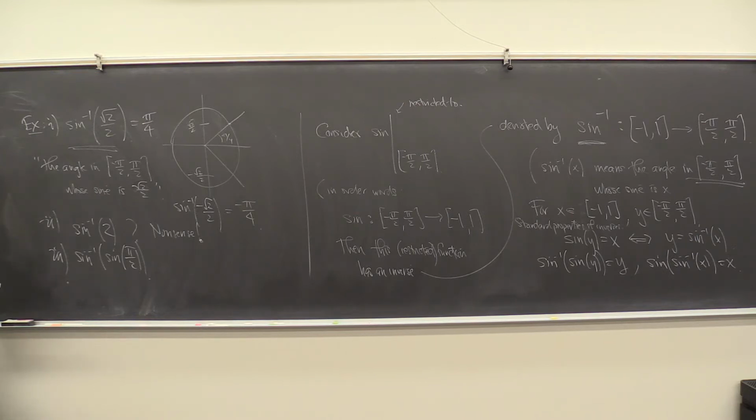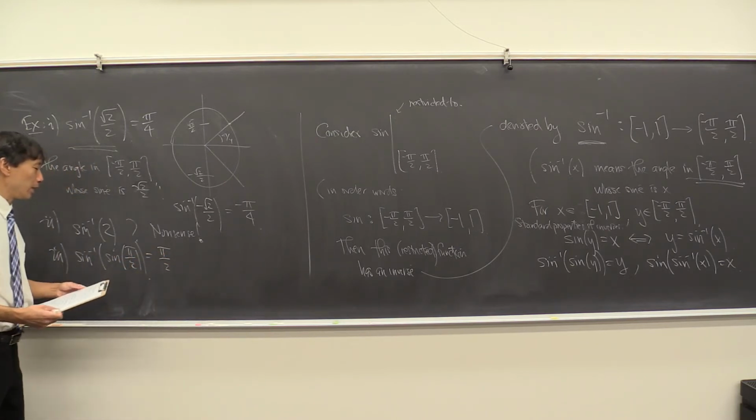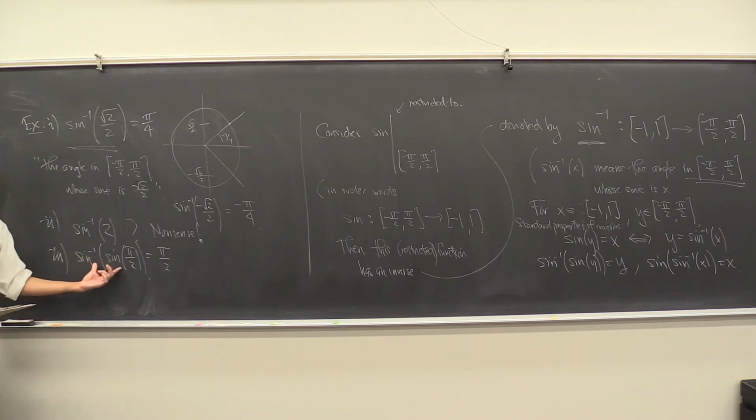Okay, what's the answer? Pi over 2, because as long as this thing is within negative pi over 2 to pi over 2, these guys just cancel each other out. Or if you weren't thinking like that, you could say the sine of pi over 2 is 1, and then sine inverse of 1, I have to look for the angle in negative pi over 2 to pi over 2 whose sine is 1. That's pi over 2. That would be the slow way of doing it, if you didn't just think that these guys are inverses.